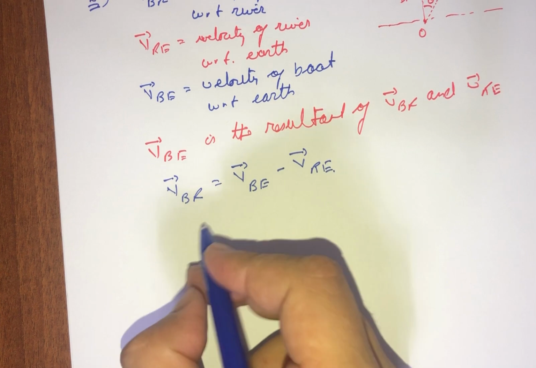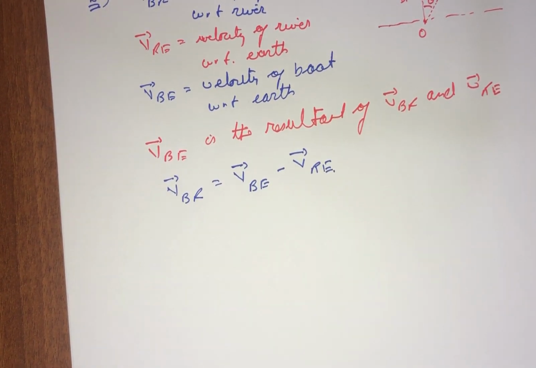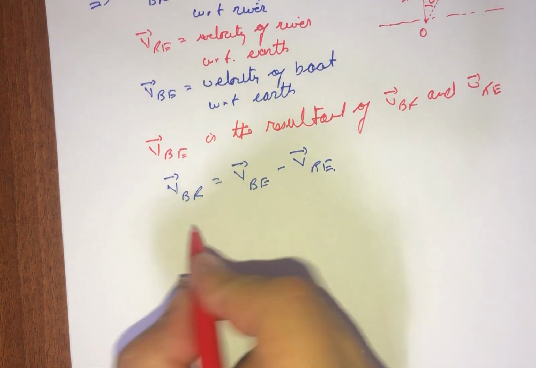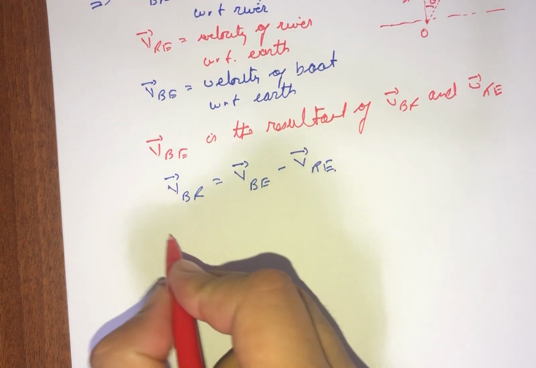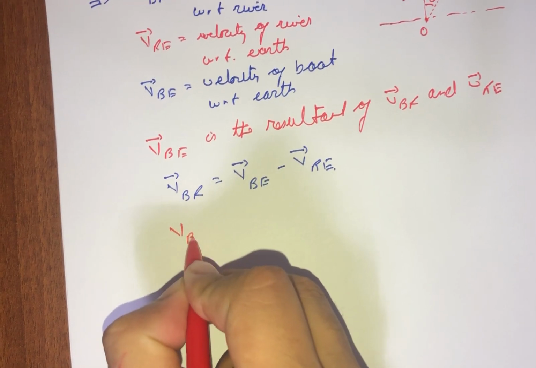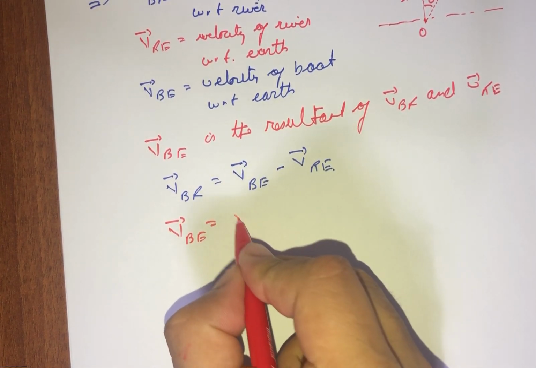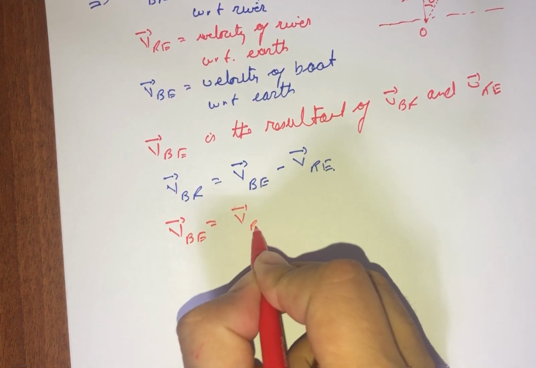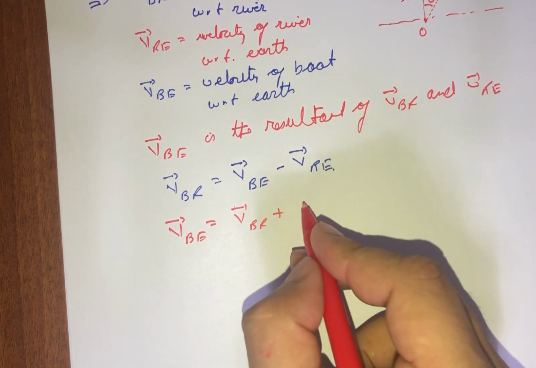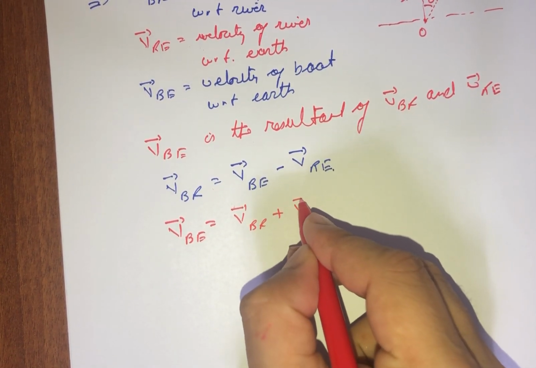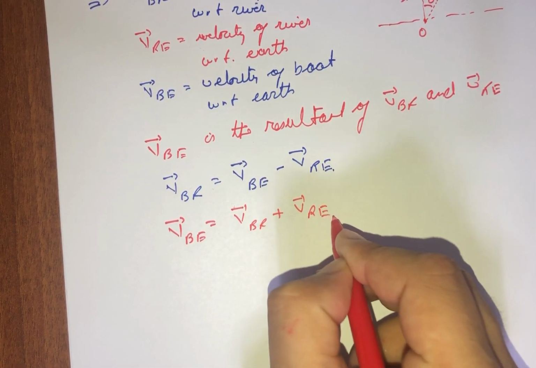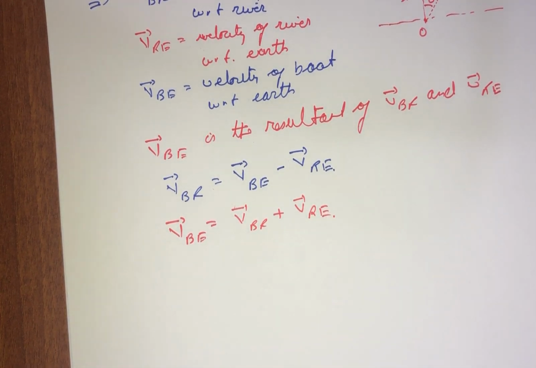If you modify the equation, it can be written as VBE is equal to VBR plus VRE. This is nothing but the vector sum of these velocities.